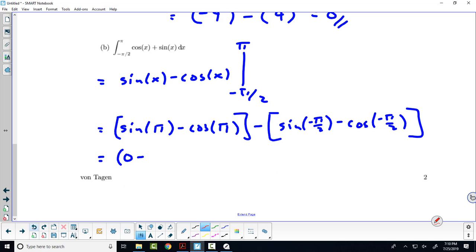So this should have been 0 minus a -1, minus a -1 minus 0. That would have given us 1 plus 1, which is 2. Good catch.